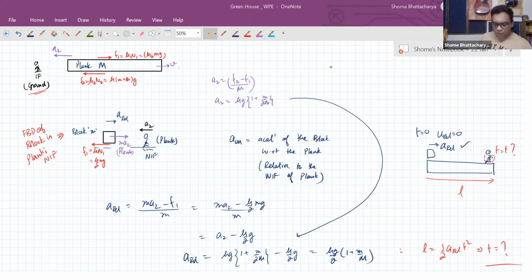Okay. What about this one, question 28? Anybody has a doubt in question 28?